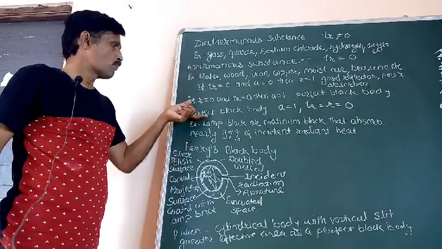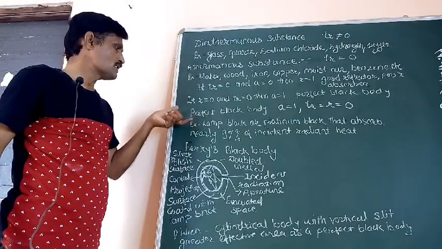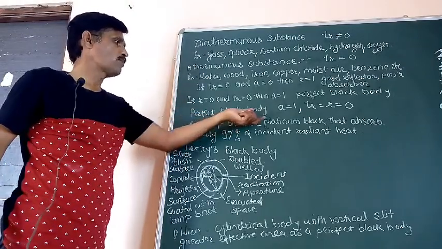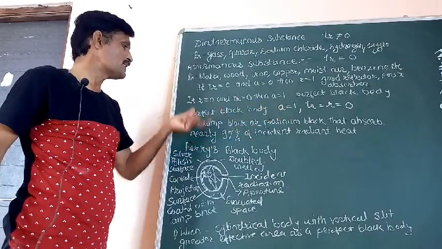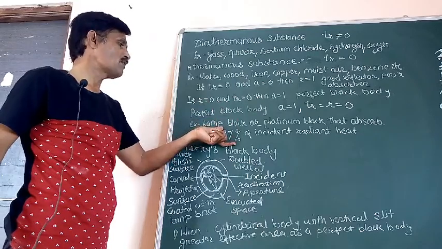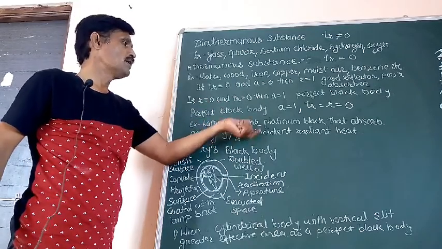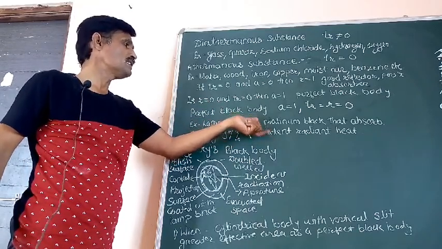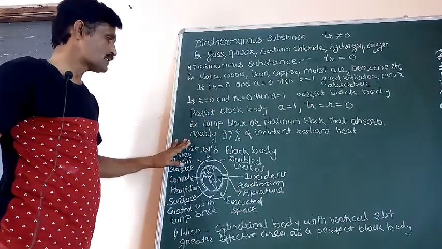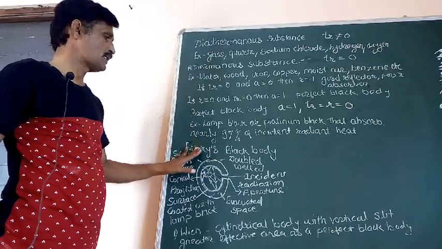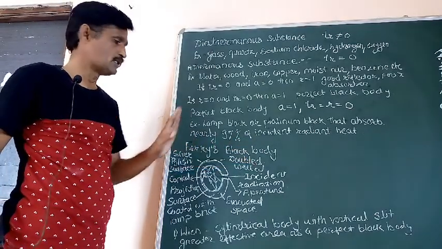Now, for the perfect black body, we consider lamp black or platinum black as the black body. It absorbs 97% of the heat radiation incident on it. Ferry was the scientist who constructed a perfect black body.